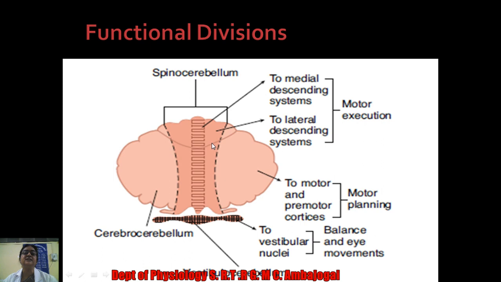Then is the spinocerebellum, having 2 components. This central component is mainly concerned with adjustment of the medial motor descending system for providing posture, equilibrium and proximal limb movement. And this intermediate part of cerebellum is responsible for carrying out voluntary, skillful, patterned, sequential movements.